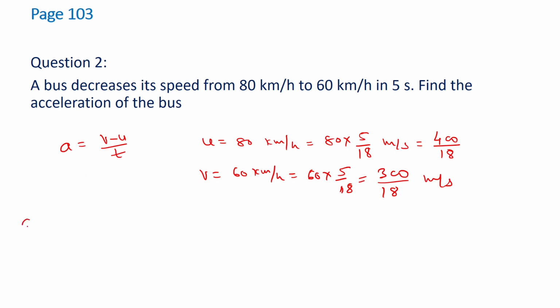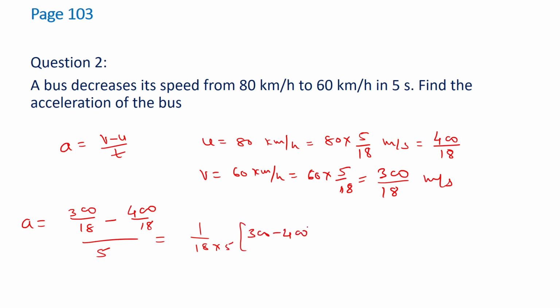So we can calculate the acceleration: final velocity 300 divided by 18 minus initial velocity 400 divided by 18, divided by time, 5 seconds. We can take the common denominator, 1 by 18 into 5, and the numerator 300 minus 400.